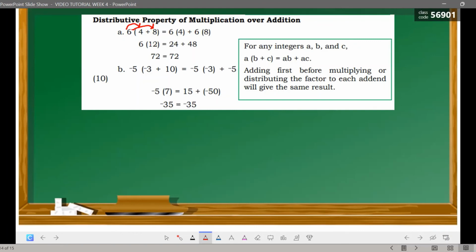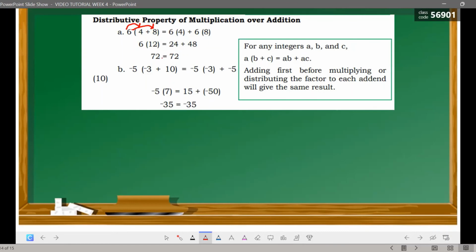Okay. Then, pwede rin, i-add na natin. 4 plus 8 is equal to 12. Then, dito naman, 6 times 4 is equal to 24. 6 times 8 is equal to 48. So, 6 times 12 is equal to 72. Then, 24 plus 48 is equal to 72.